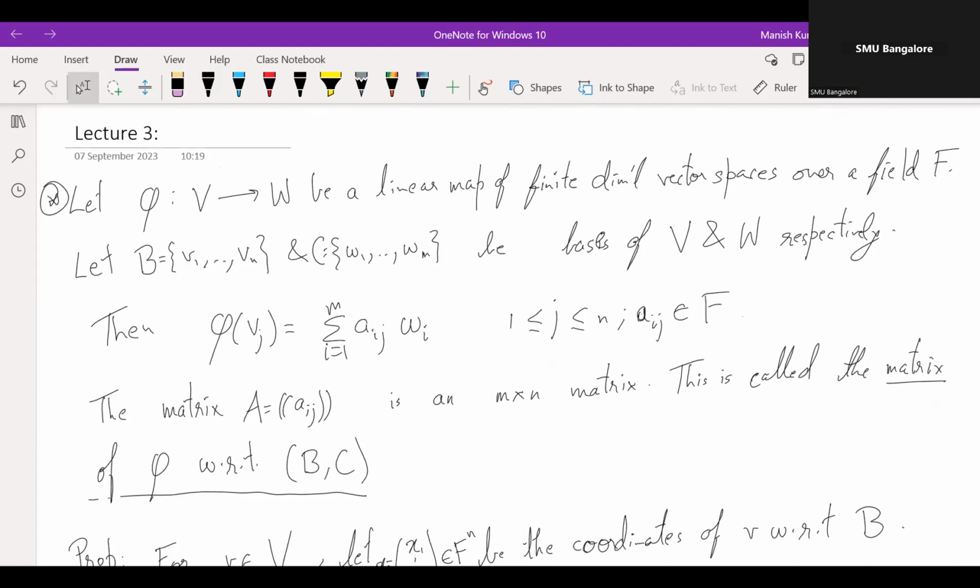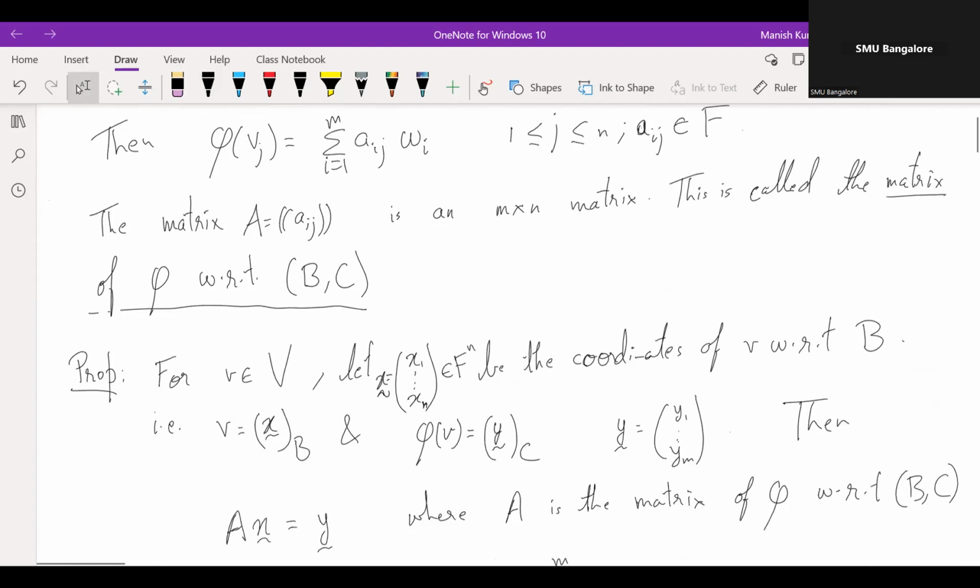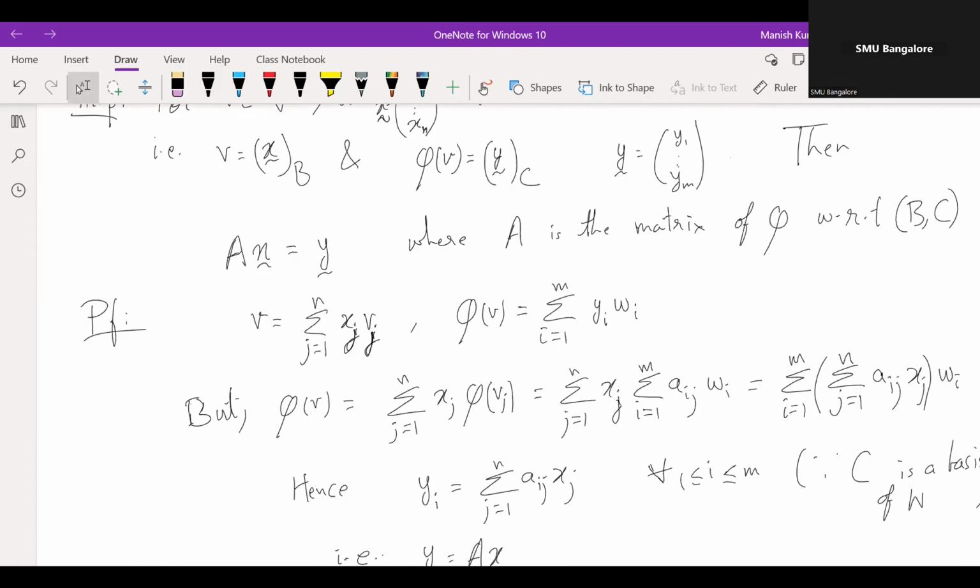So vi gives you a way to write down coordinates for the vector space V, and wi gives you a coordinate system for the vector space W, and then this linear map phi, if you use this coordinate system, becomes this matrix A. That is what this proposition says. Any questions?